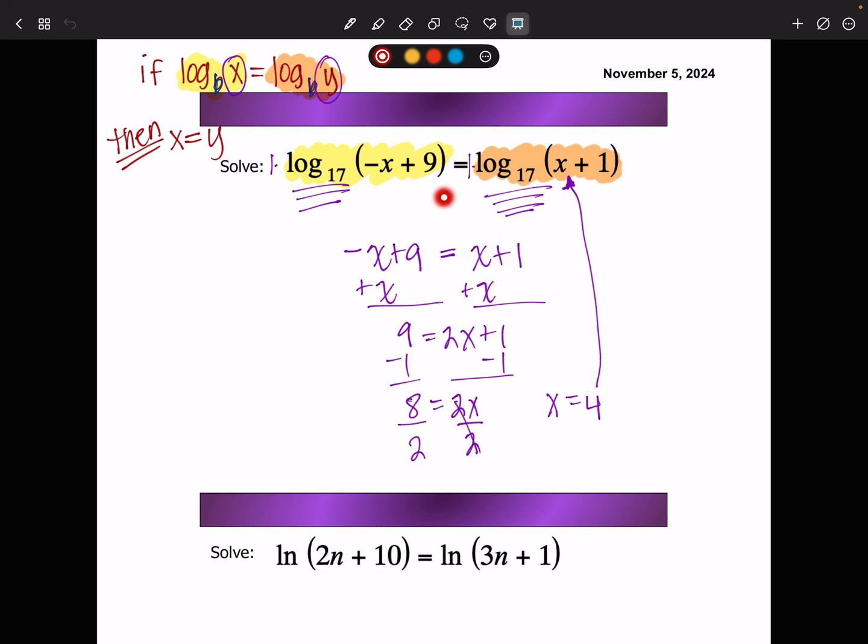When I put a 4 over into this one, I get negative 4, the opposite of 4, plus 9 is 5, so that one works. So when I put 4 into this one, I get an argument of 5. When I put 4 into this one, I get an argument of 5. That works. So x equals 4.